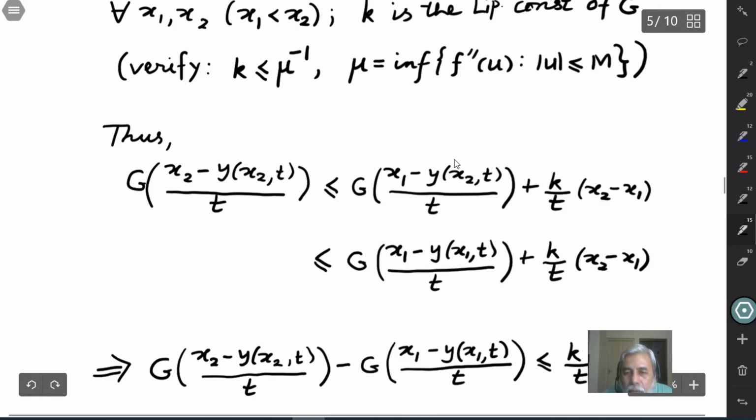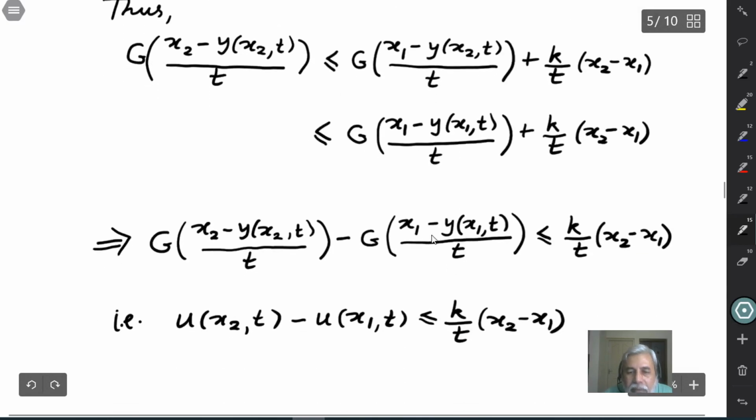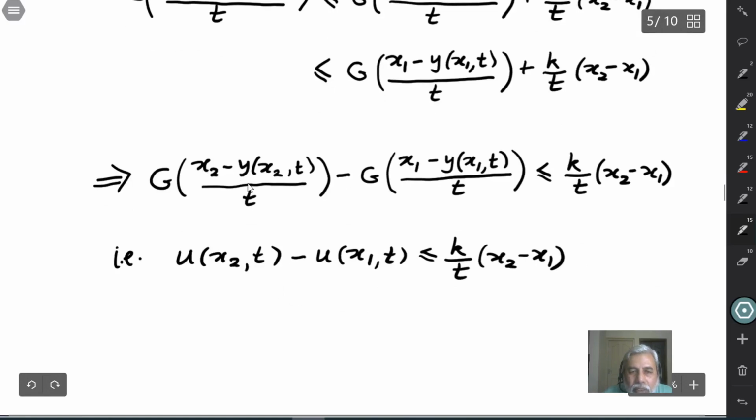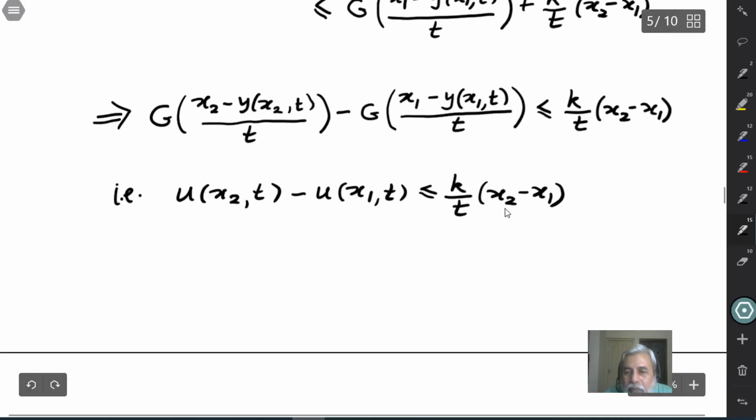Now you use that y is non-decreasing, and g is non-increasing in y, so the first term is less than or equal to g of (x1 minus y(x1,t)) by t. Now you take y(x1,t) to the other side and you get this inequality. This is precisely the solution by the Lax-Volinic formula: this is u(x2,t), and this is u(x1,t), and the difference is less than or equal to k by t times (x2 minus x1). So this proves the entropy inequality.